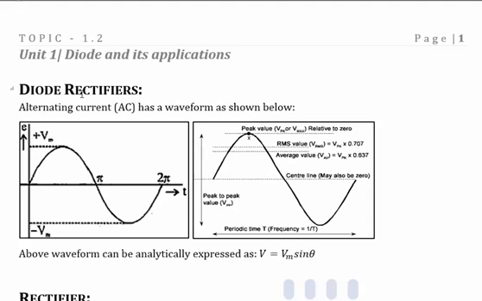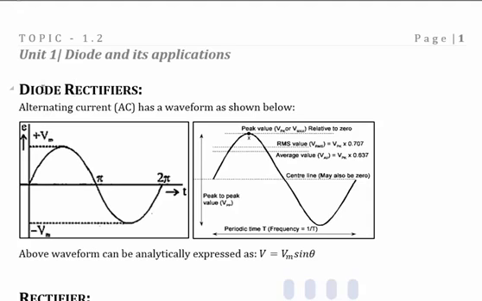When it gets breakdown, it allows current in reverse direction also, but that is the extreme case. We will only use the diode in normal condition without going under breakdown. So in that case, diode only passes current in forward direction, and it blocks the current in reverse direction.